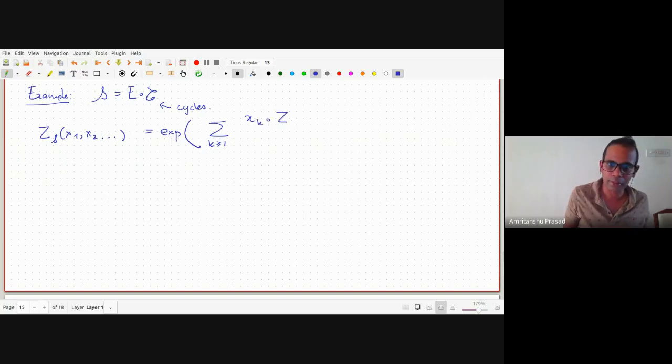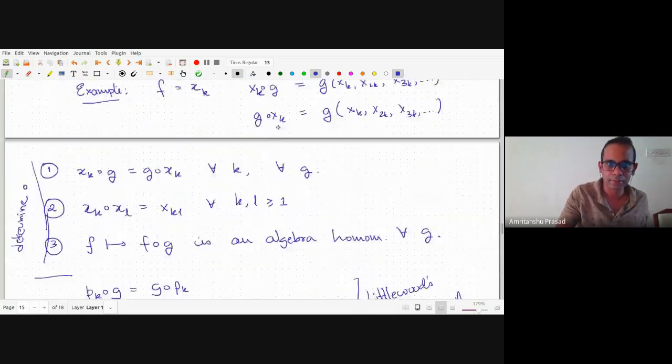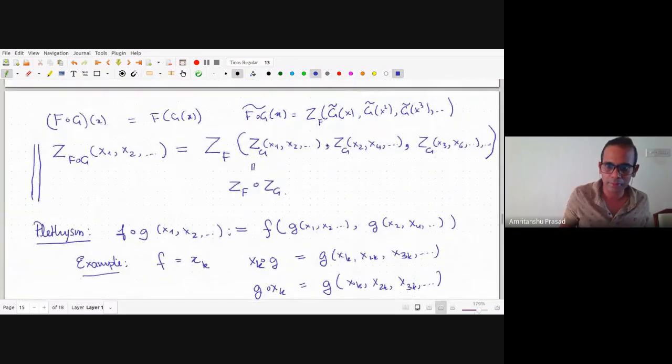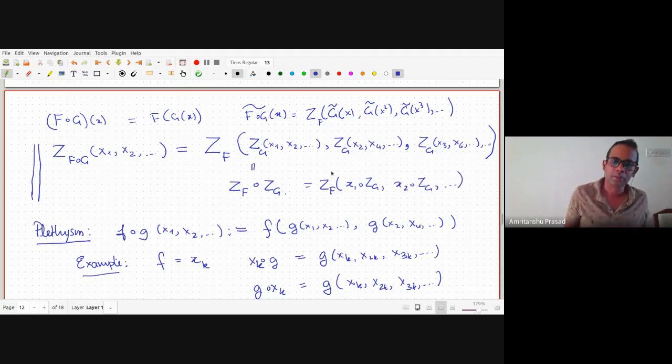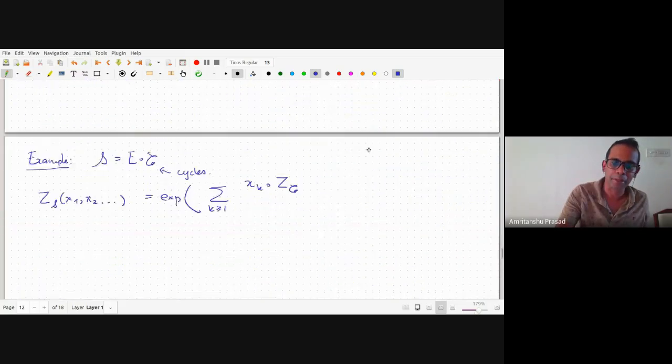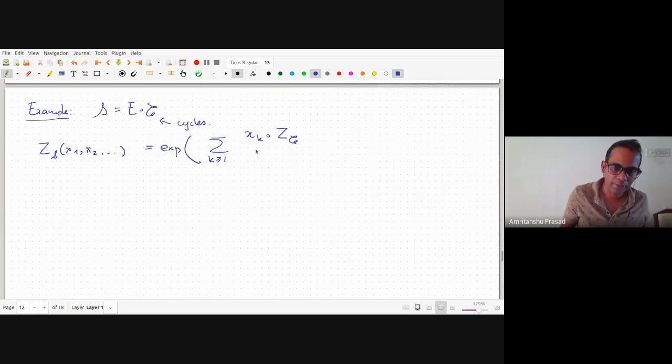Now I'm using that this is also ZF of x1 circle ZG, x2 circle ZG. That's what it is, right? This is just xi circle ZG means that you replace the jth variable of this by the ijth variable, by the variable xi. So xk circle ZC divided by k, that's what I get, because for E it is summation xk by k.